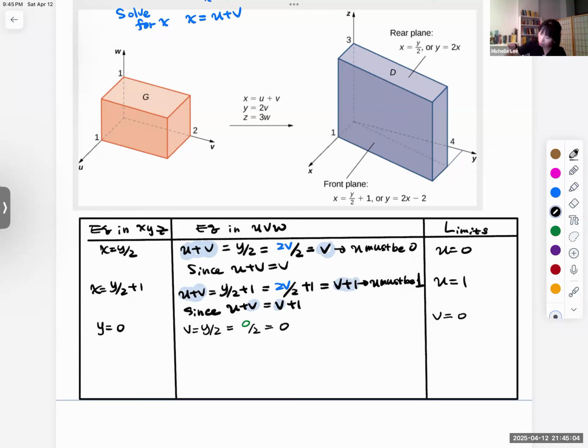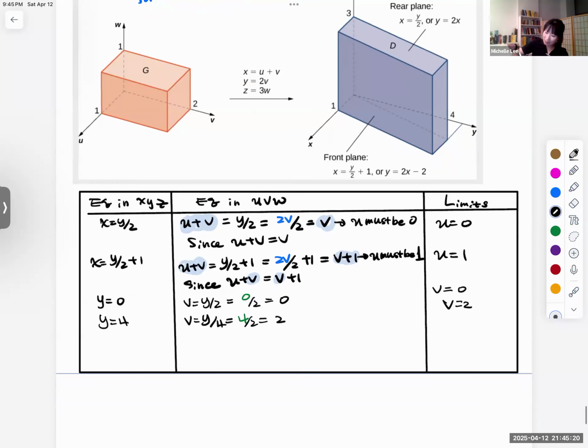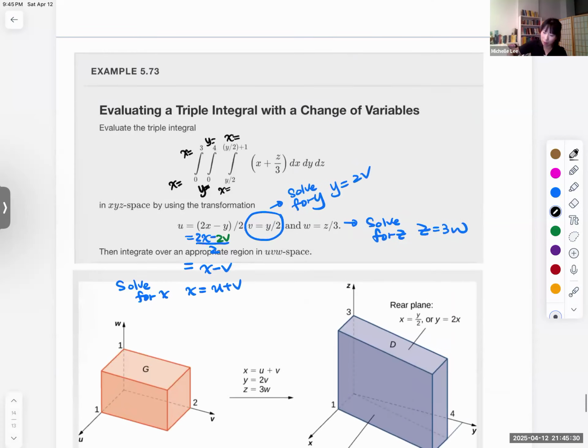So the limit is v equal to 0. y equal to 4, so 4 over 2 equal to 2, so v equal to 2. The last one, z equal to 0 to 3. Sorry about that. I made a mistake again. That is not x, that is z.